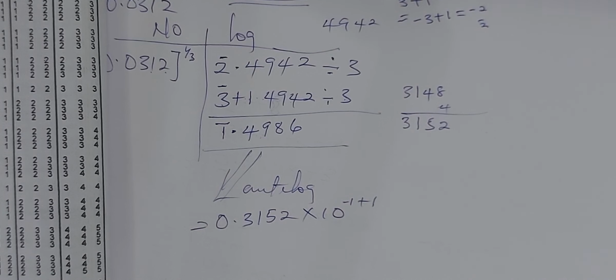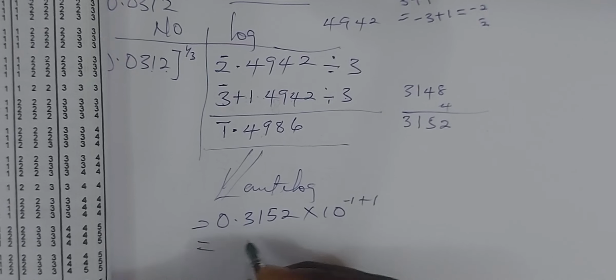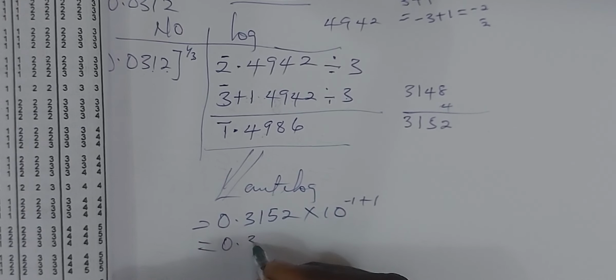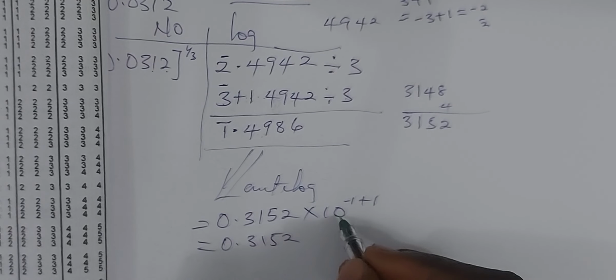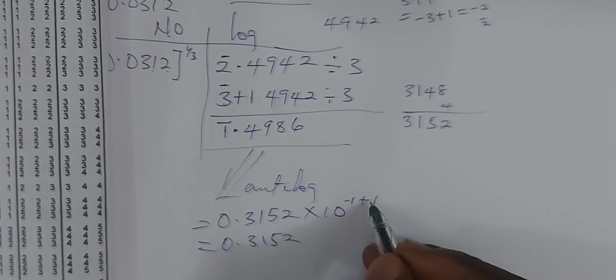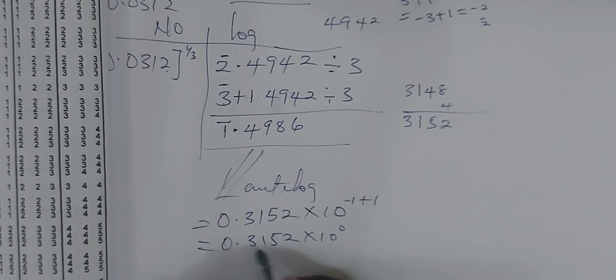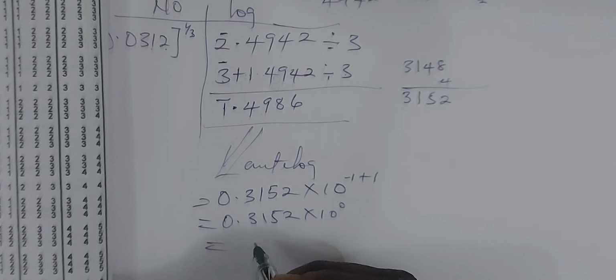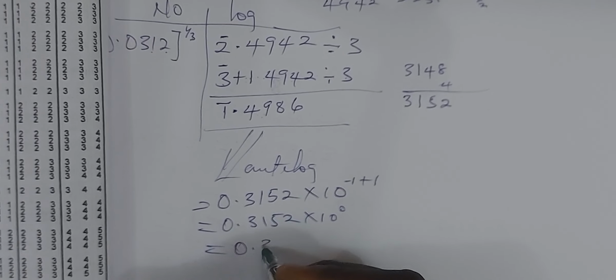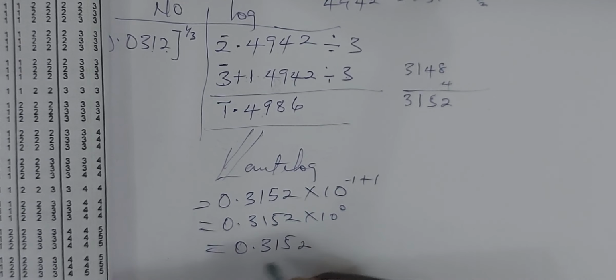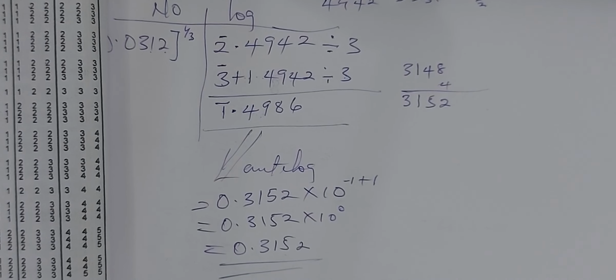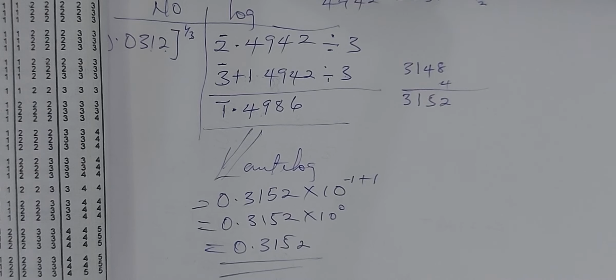So we have 0.3152, and minus 1 plus 1 is 0. So we have 10 raised to the power of 0, so we are not moving the point anywhere. We have 0.3152 as the answer. You understand?